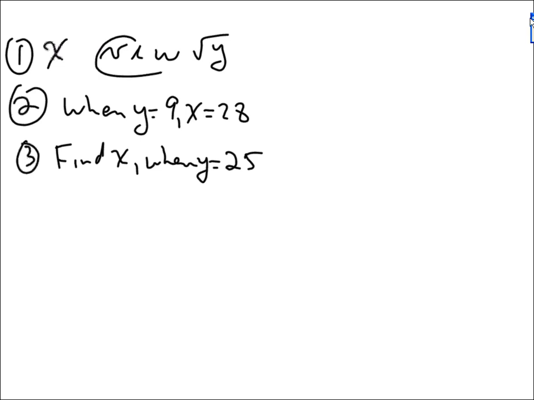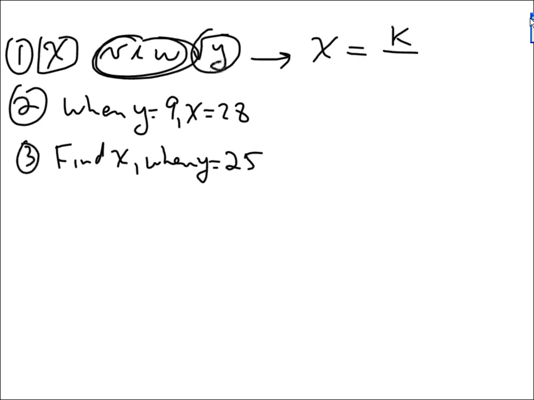So this means x is equal to k over the square root of y. And when y is 9, x is 28.